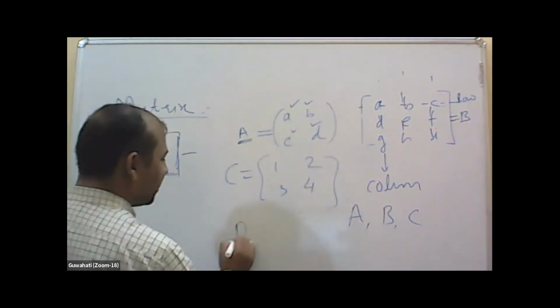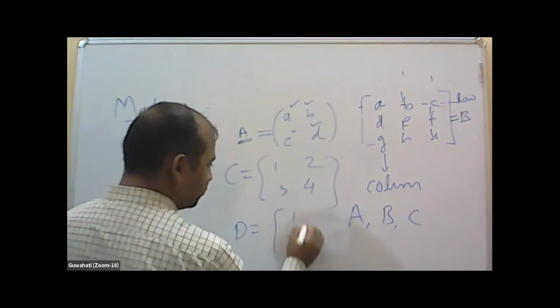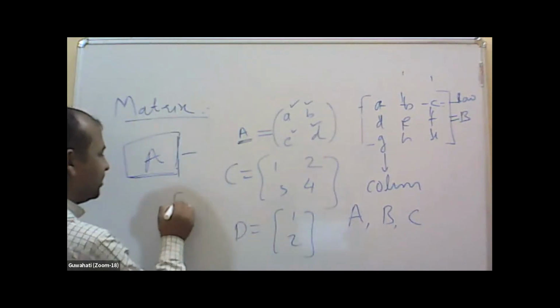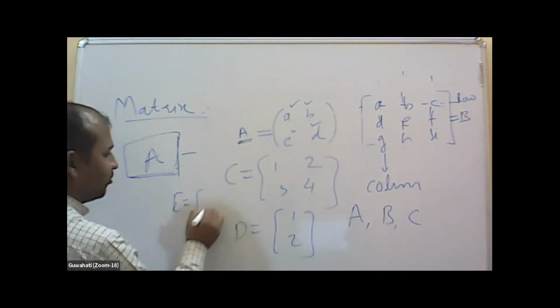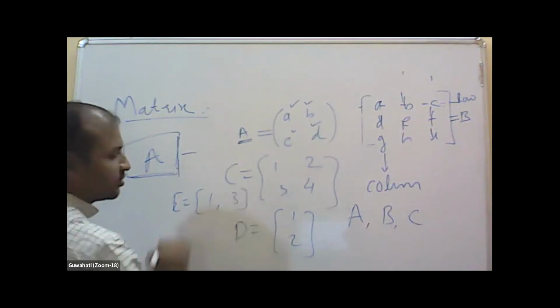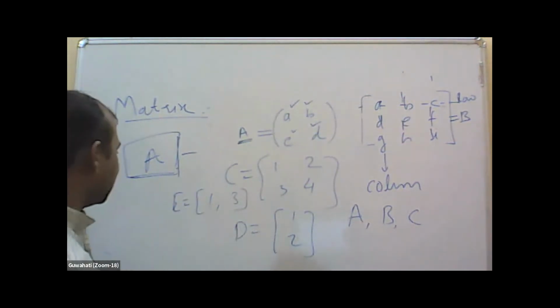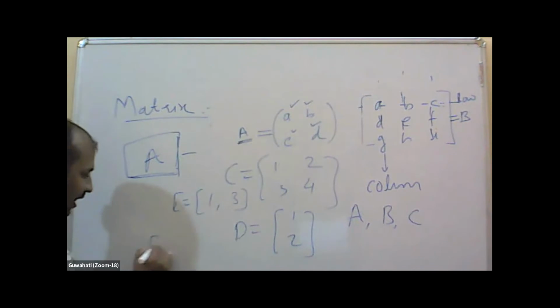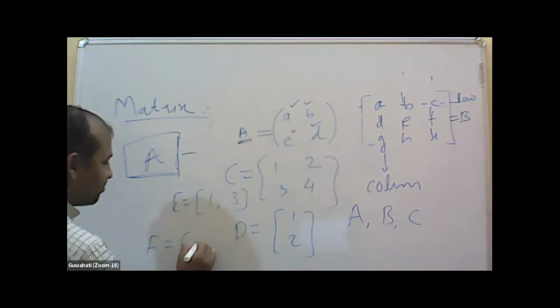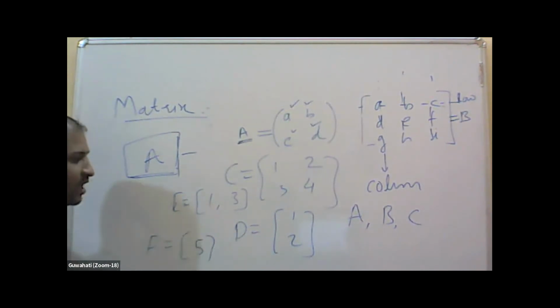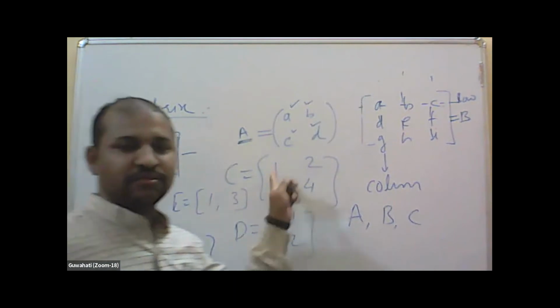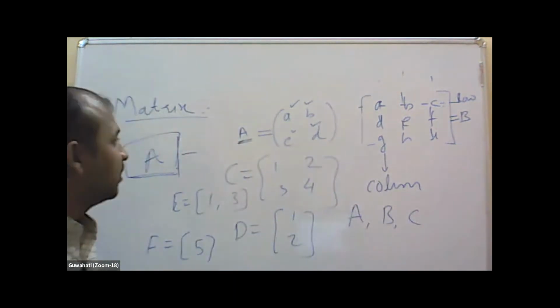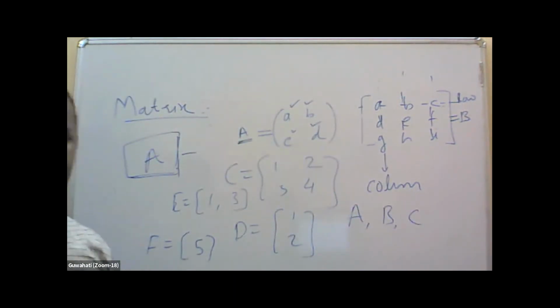Another matrix like this, 1, 2. Another matrix E can be denoted as 1 and 3. These are all examples of matrices. Is it clear what is meant by a matrix?